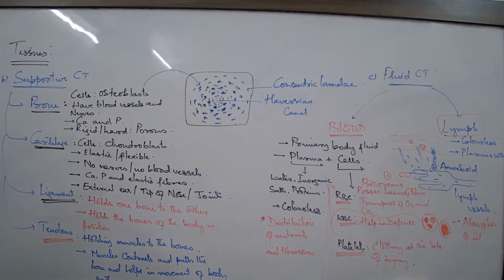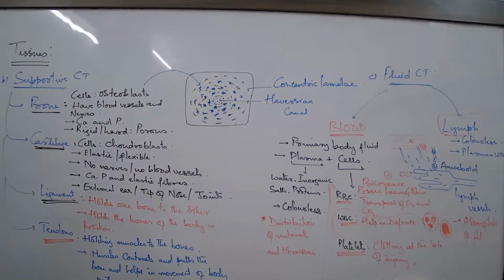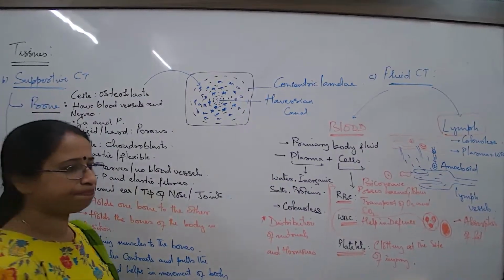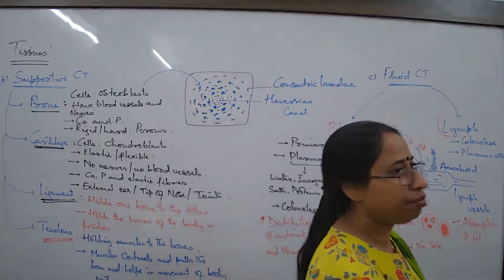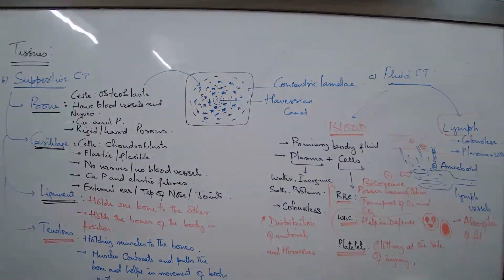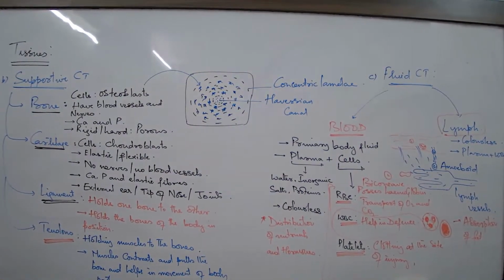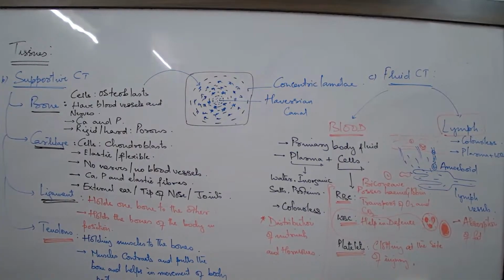Other side, lymph consists of plasma and WBCs. Lymph consists of plasma and WBCs.